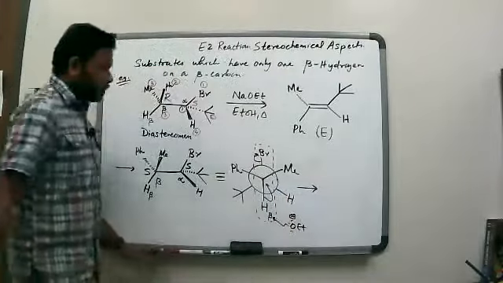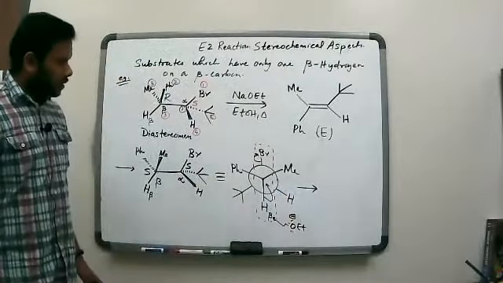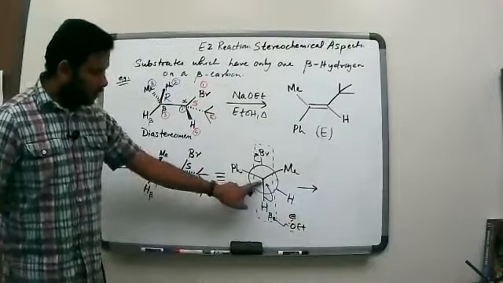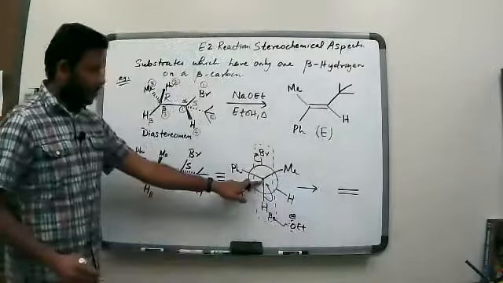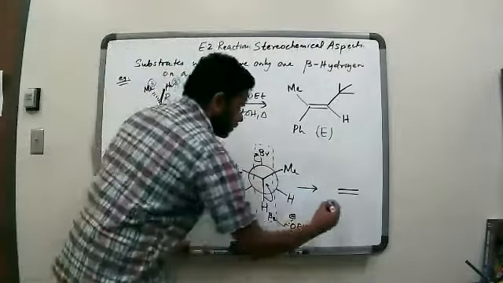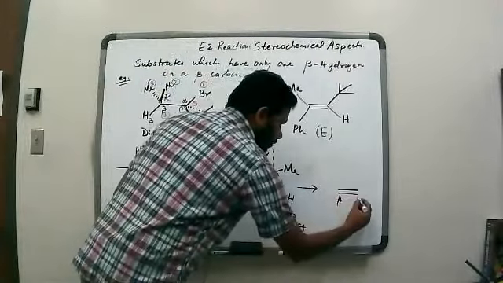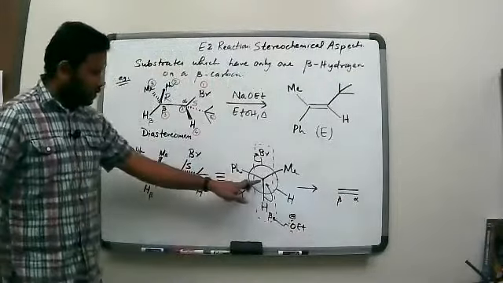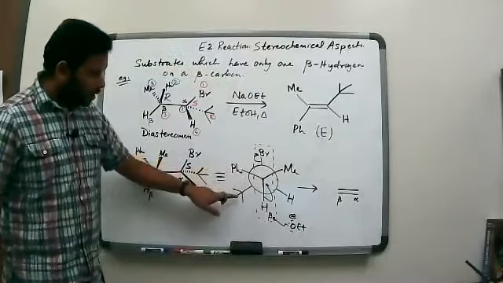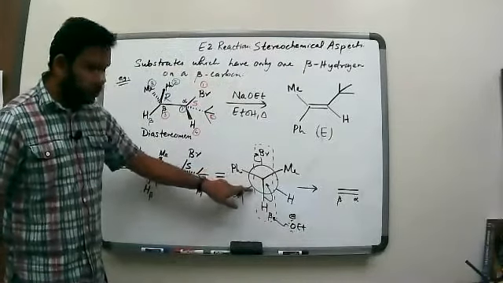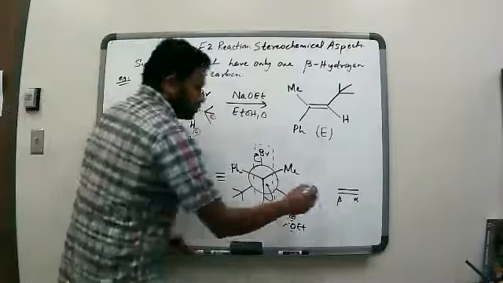And so what we would get as our product now, if you notice, at the beta carbon, which is our front carbon, phenyl on the beta carbon and tert-butyl on the alpha carbon are on the same side.